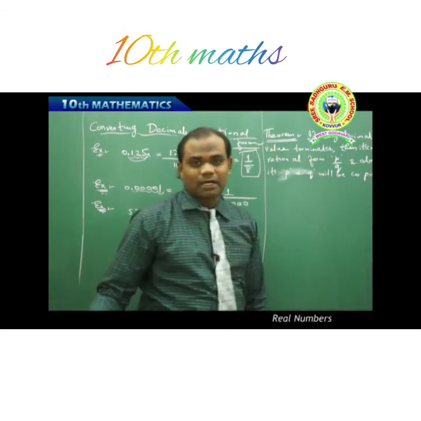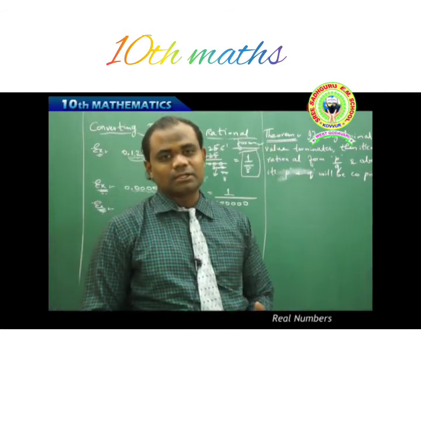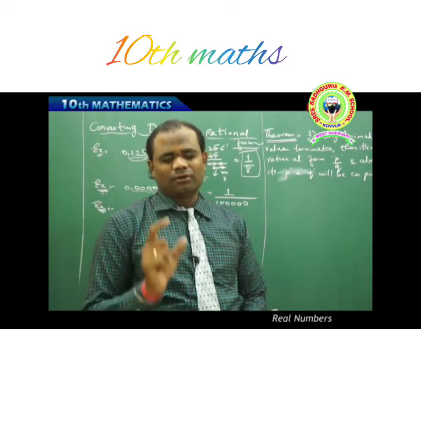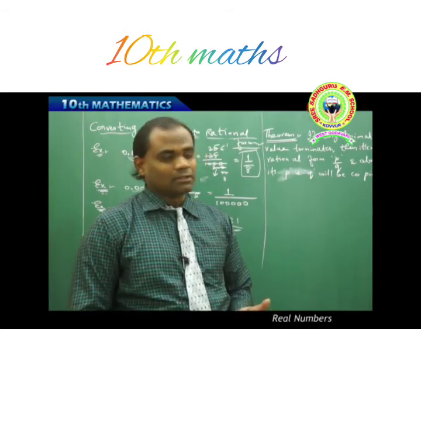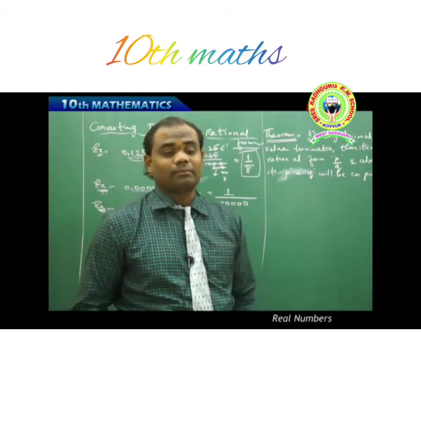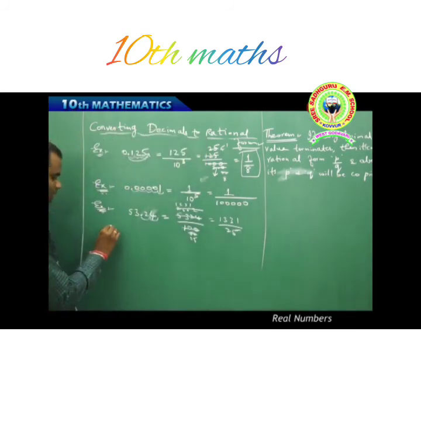Now coprimes are those values where the GCD of the two numbers is 1. So when do I say that two numbers are coprime? If the GCD or HCF of those two numbers is 1, then that implies the two numbers are coprime.